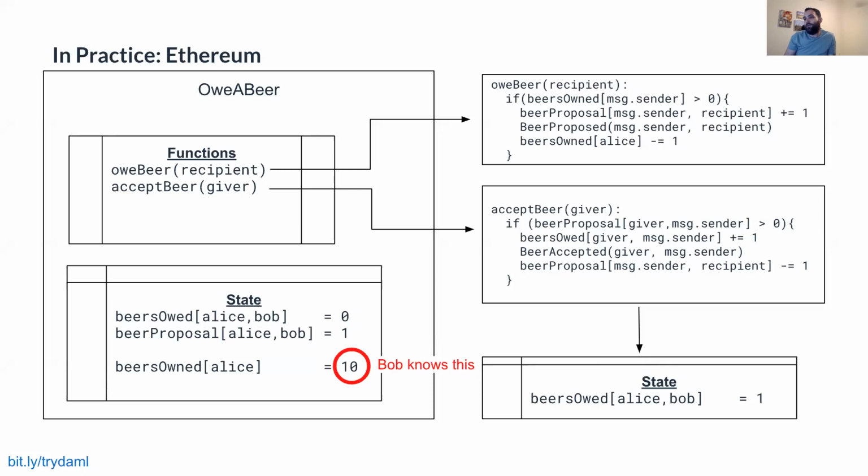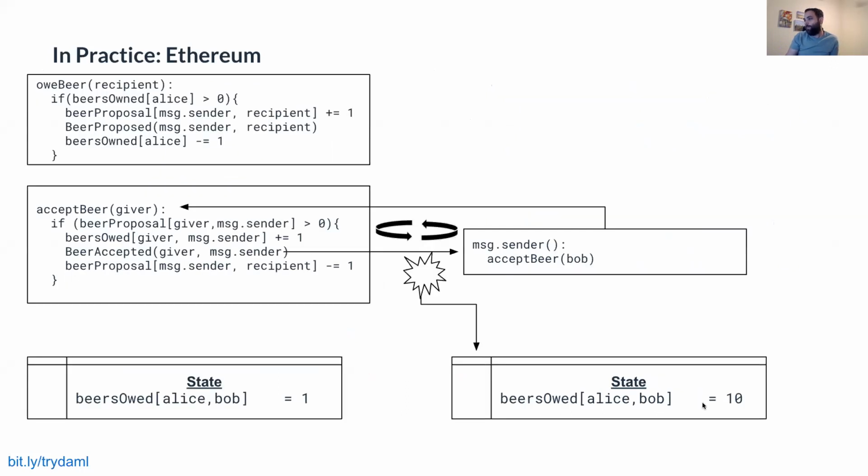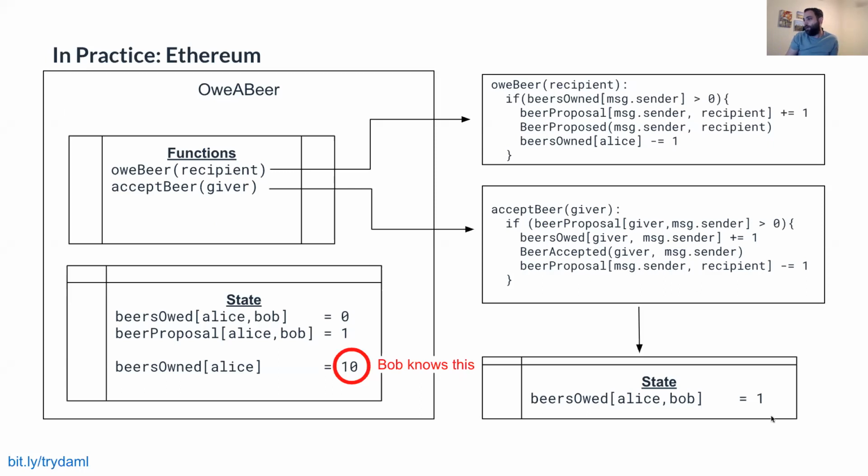And Bob can also know that there's 10 beers owned, because this is a safety mechanism that we've put into the system to stop execution at some point, so that Alice can never owe more beers than she owns. And the intended state is that Bob eventually is going to be owed 1 beer from Alice.